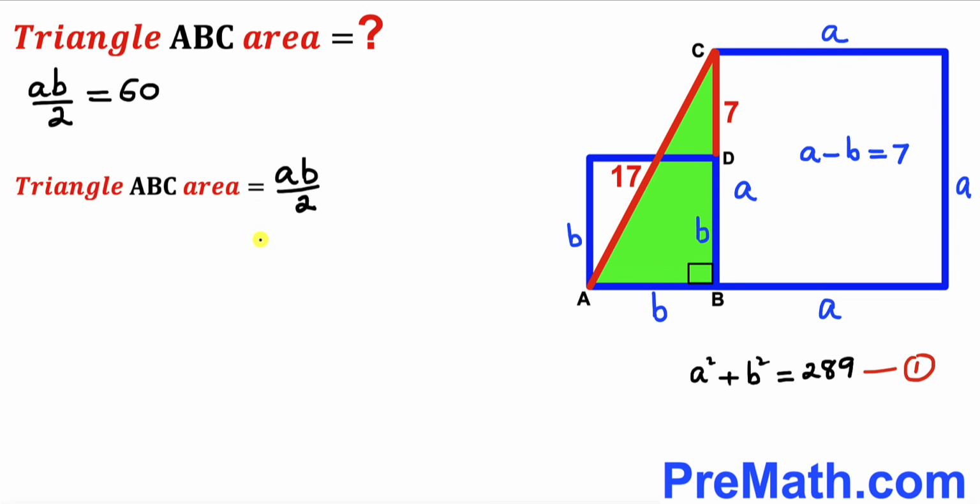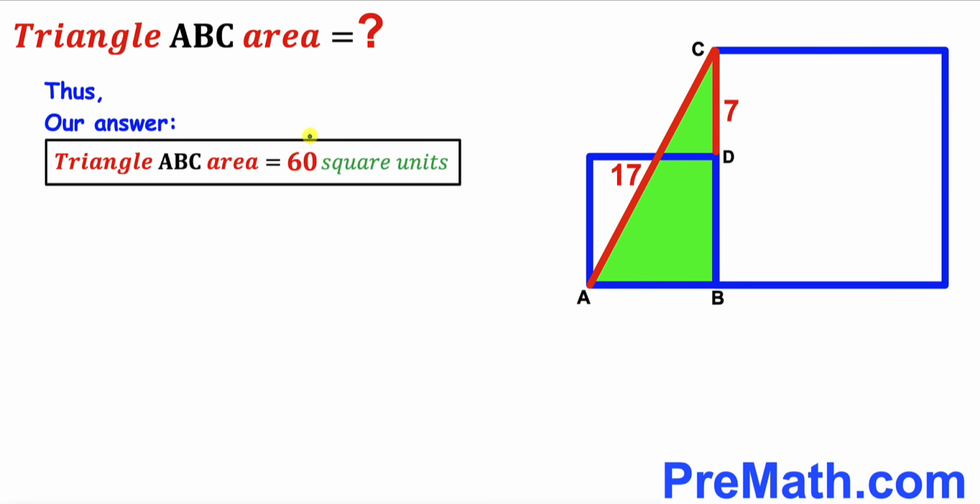Let's go ahead and fill in the blanks. So this triangle ABC area turns out to be 60 square units. So thus after all the calculations and manipulations, the area of this triangle ABC turns out to be 60 square units.